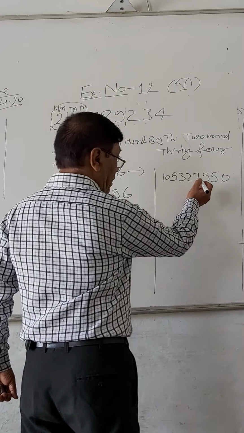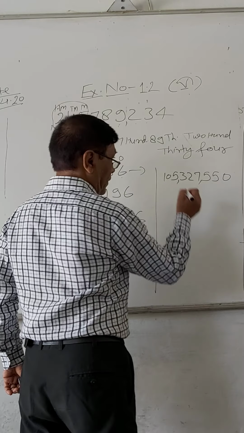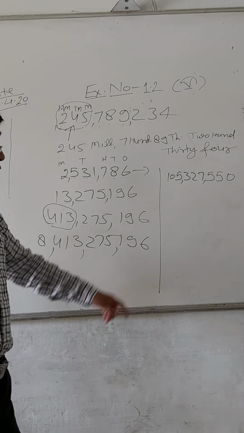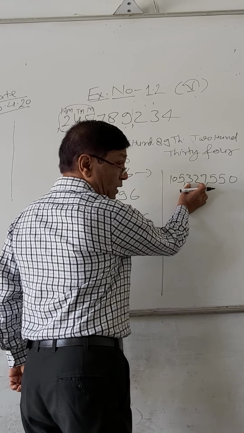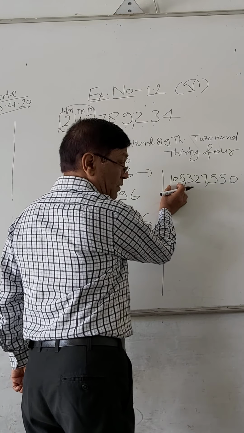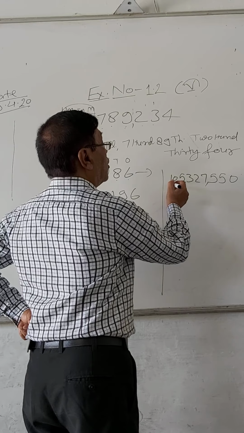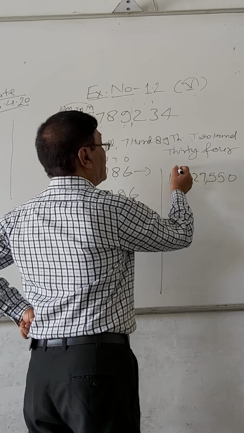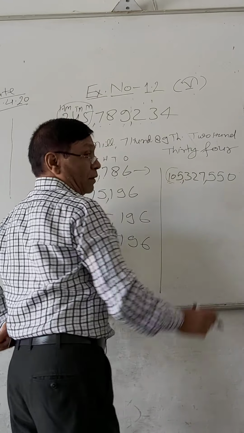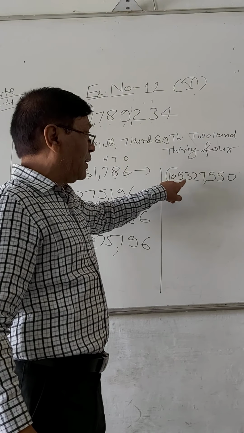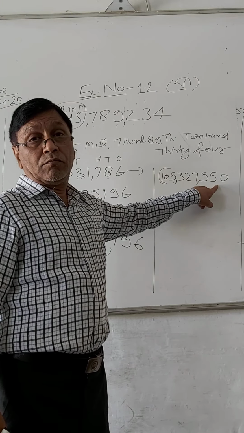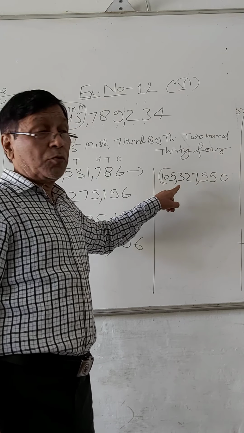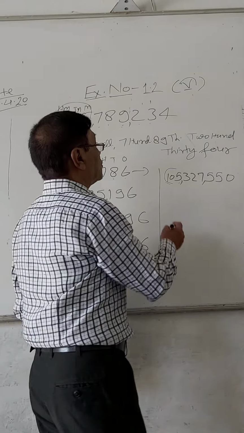So put the comma after every 3 digits. This is the ones, tens, 100. These 3 numbers are thousands and these 3 numbers are the million place. So how many million is it? 105 million. 105,327,550.